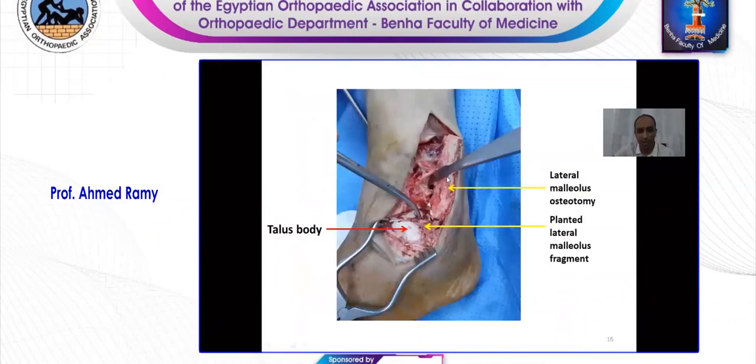As we can see here, this is the lateral malleolar osteotomy. This is the planted fragment of the lateral malleolus, and this is the talar body fracture, and this is the upper surface of the talar body. This is the transverse fracture of the talar body.